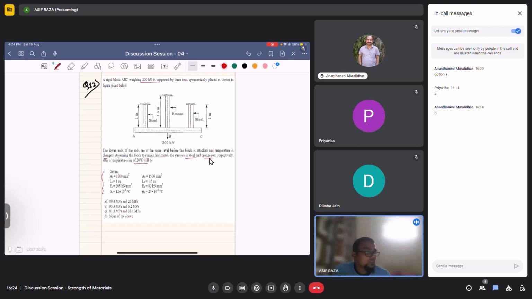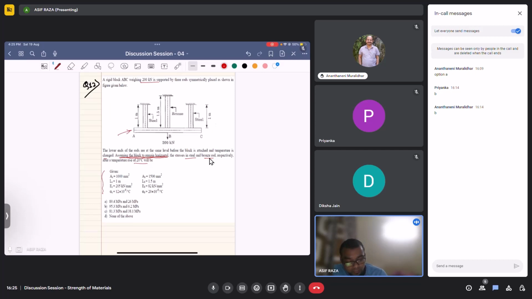So if you study the question properly, the main thing you need to see for developing the extra equation is here. This statement says, assuming the block to remain horizontal even after the temperature is increased. Normally, what would happen if the block was not there?